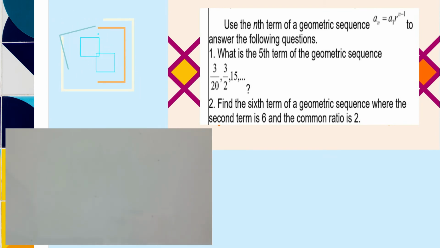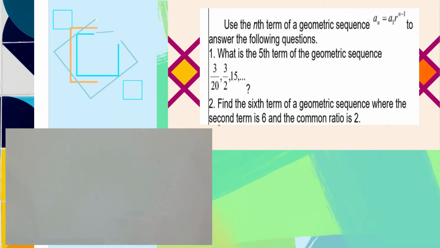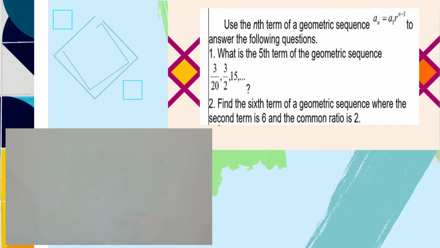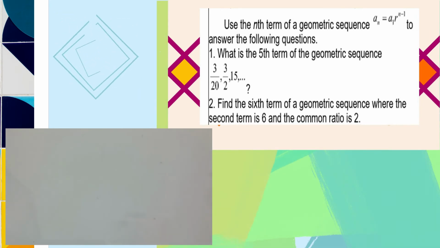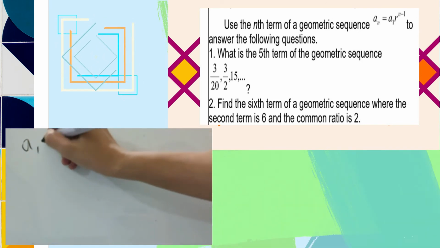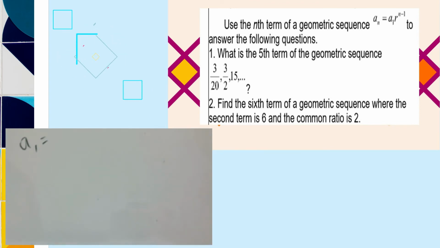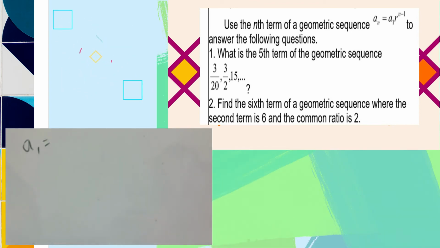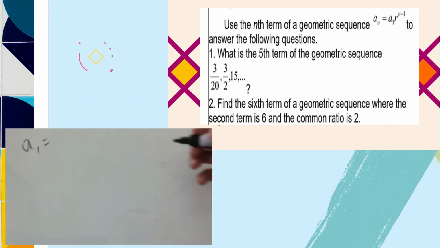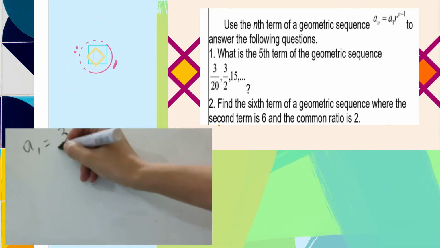Okay, so what is the fifth term of the geometric sequence 3 over 20, 3 over 2, and 15, and so on? So, let's take a look. Your first term is 3 over 20.